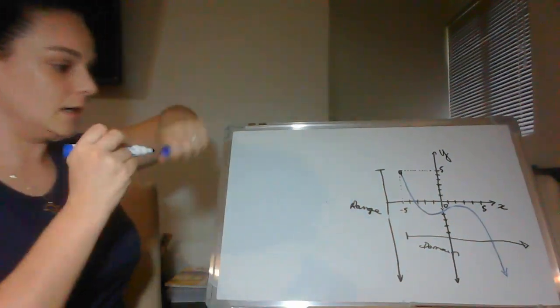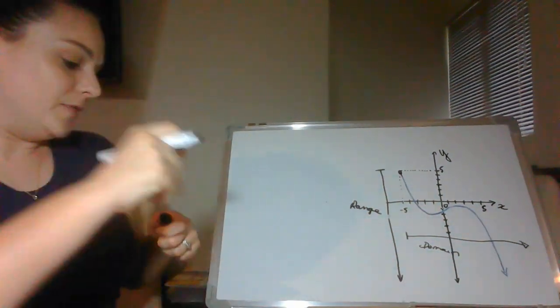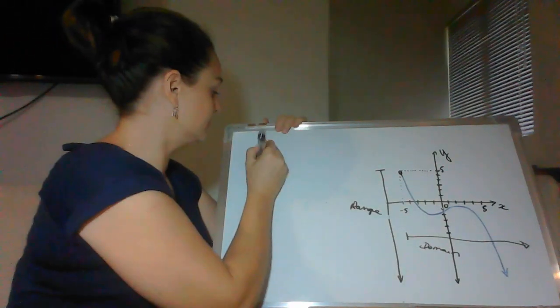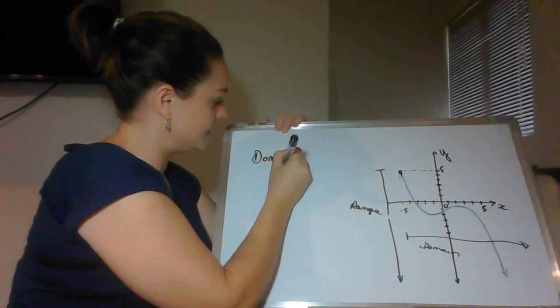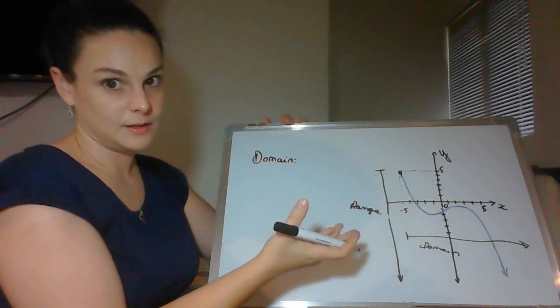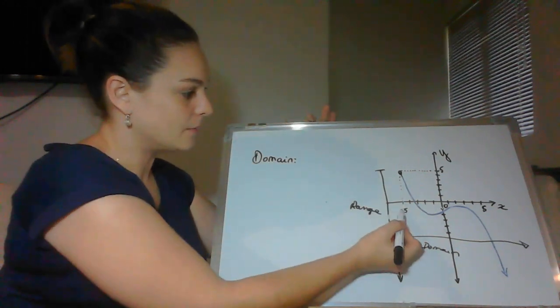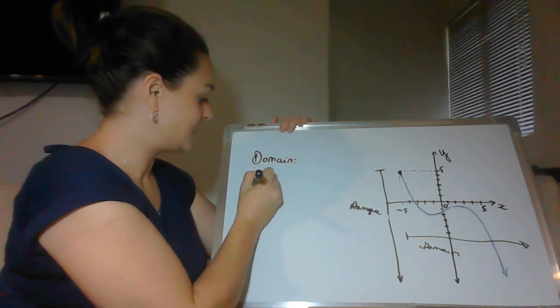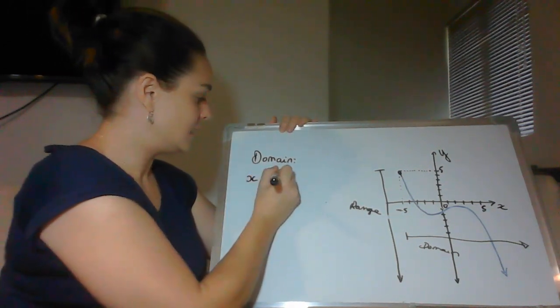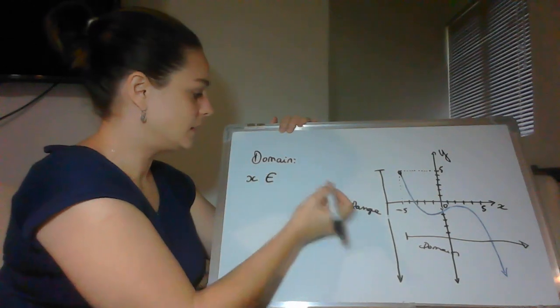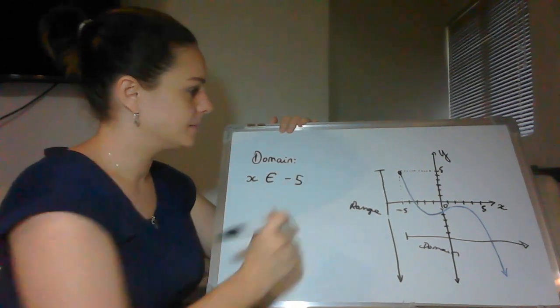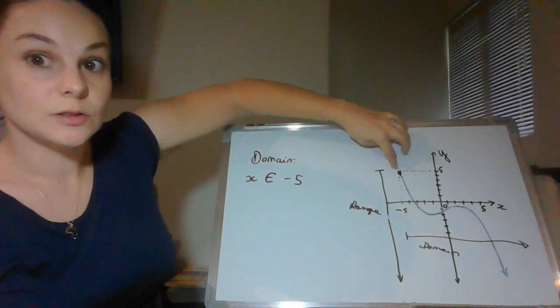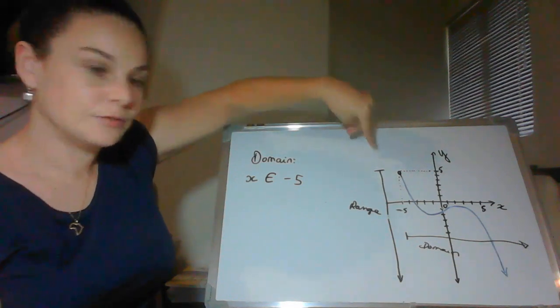So, the domain of this graph is an interval that starts from that -5 here. So it's written on the x-axis. x belongs to the interval from -5. It's a full dot, so that's including -5.